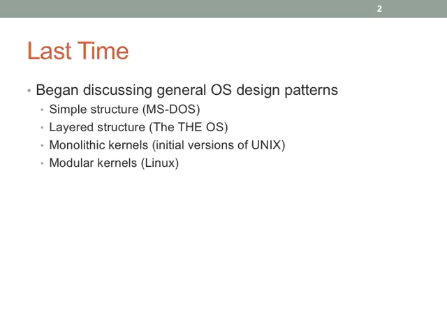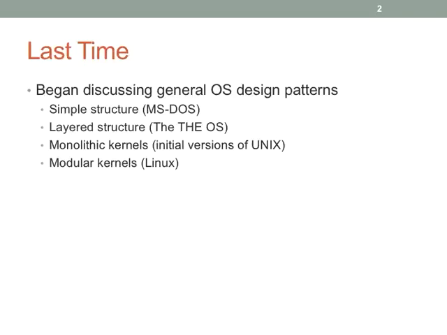We could have all ended up using another operating system called CP/M for PCs, but there were various issues there, and Bill Gates was able to capitalize on that opportunity and create MS-DOS, and now the world is the way that we know it. Layered structure, which is the THE OS, is a good example of that one.